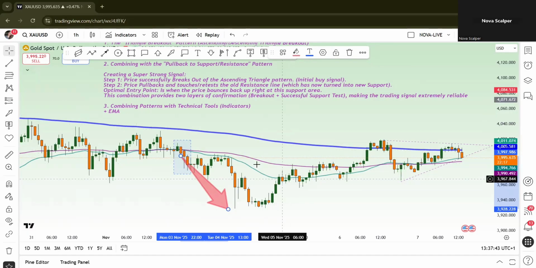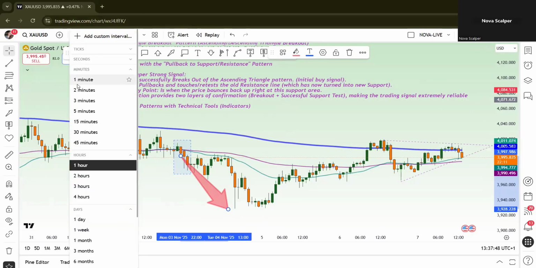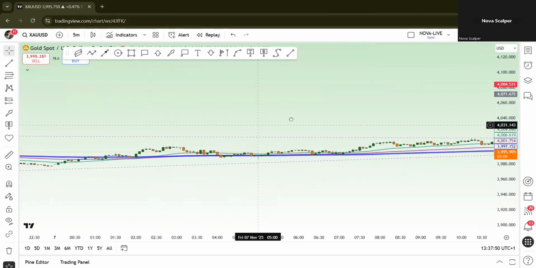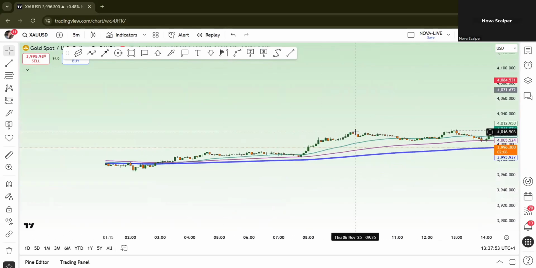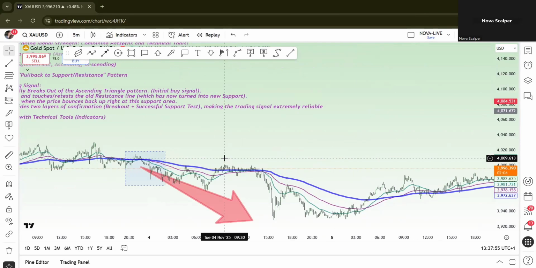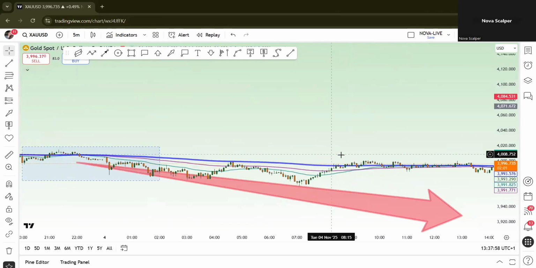If you want to set up a scalping signal, let's go back into a smaller time frame once again. So this is the point.